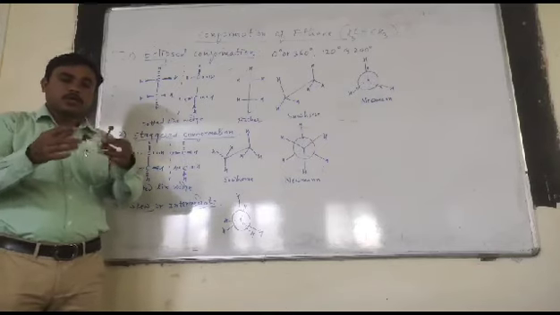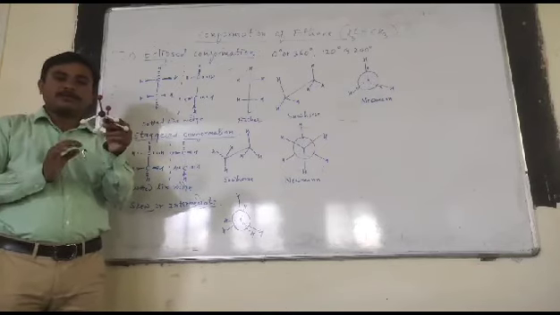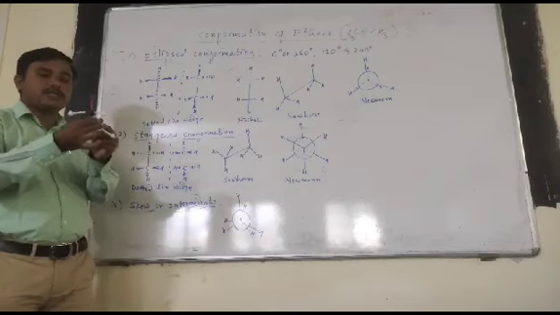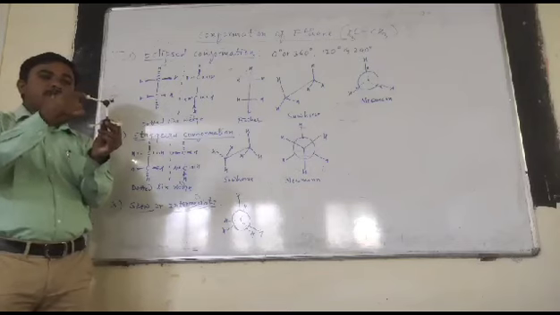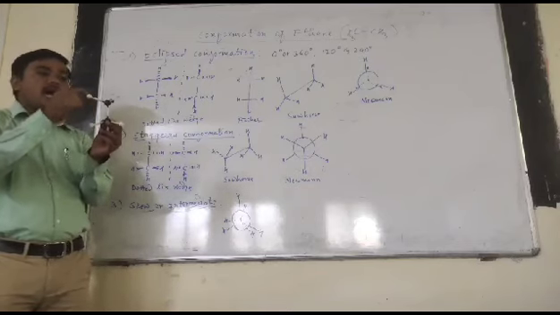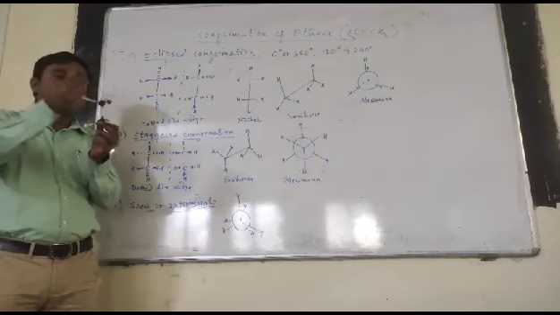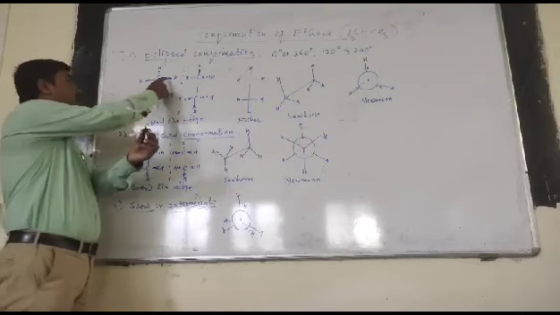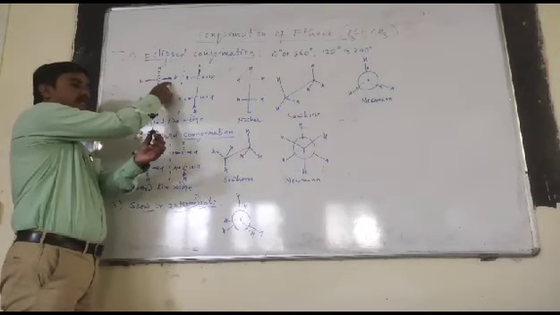Let us see. This is the eclipse conformation. In this structure, these two white hydrogen atoms are present towards your observer. Hence these hydrogen atoms are represented by the wedge line.